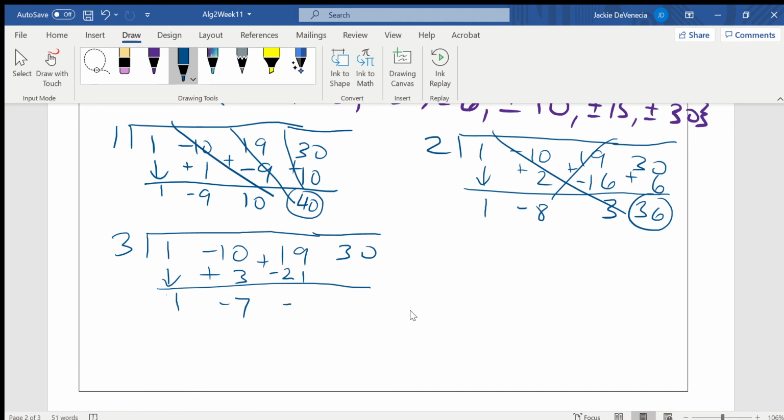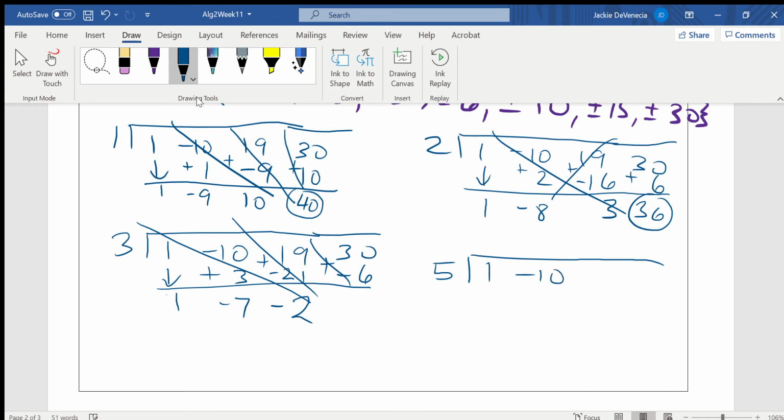This is going to give you 2, sorry. But you're going to see that this doesn't work as well. This won't give me a 0, so that won't work. All right, so let's try 5.